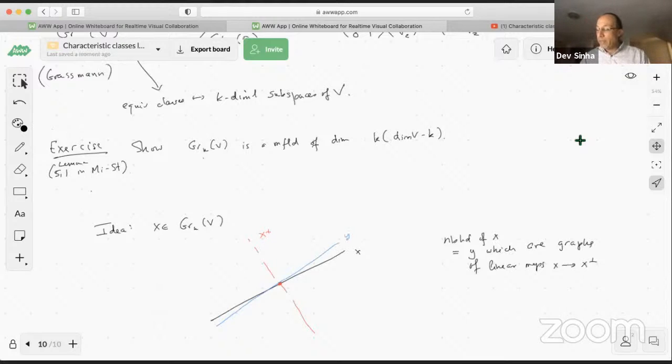But in any case, I can think of that Y as a graph of a function. If I make X the x-axis, it's some linear function with small slope. But in general, I claim that there's a one-to-one correspondence between these Y, which only intersect X perp in a point, and the graphs of linear maps from X to X perp.